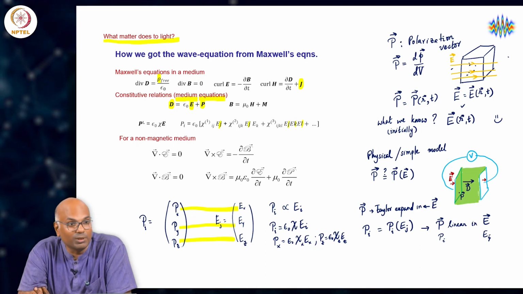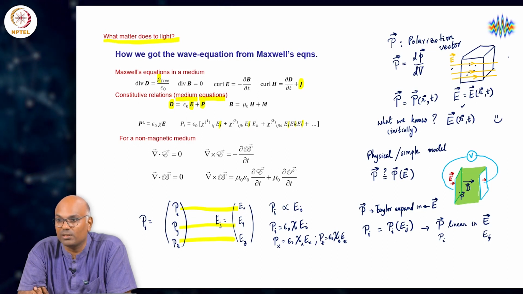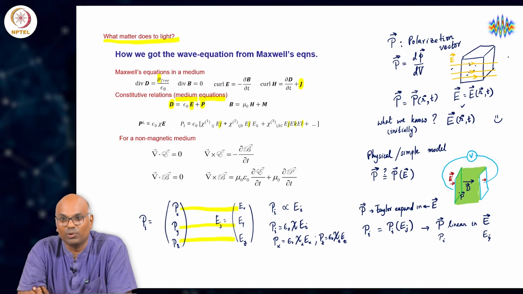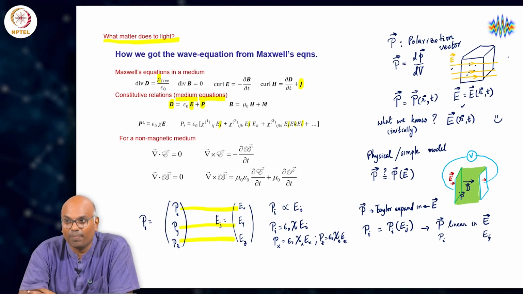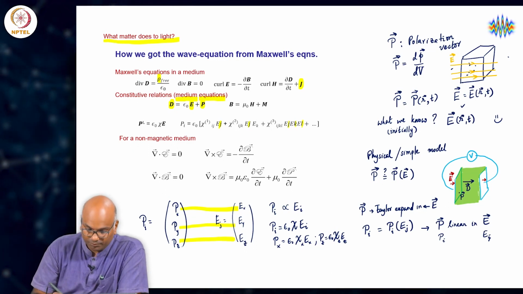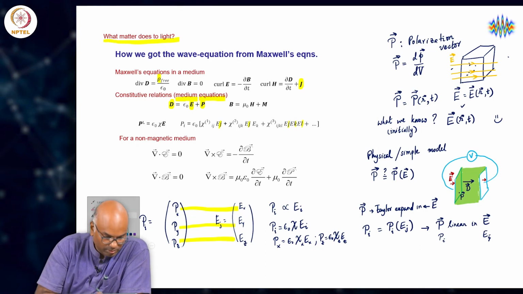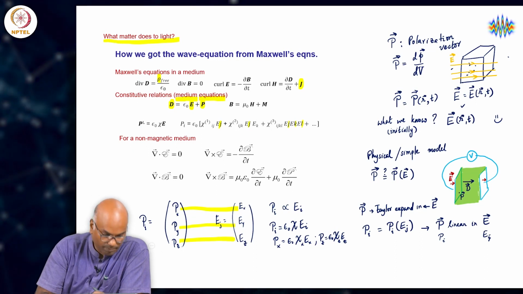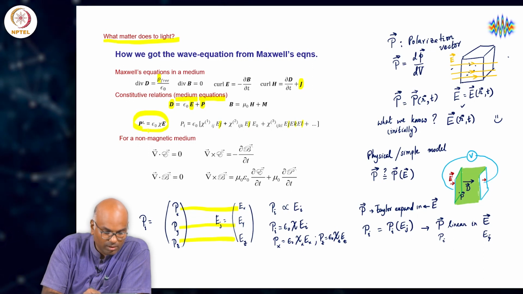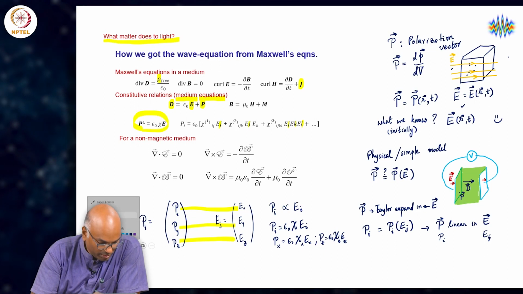This is an assumption, it is not necessarily true. We have no right to insist that it is necessarily true. It is just that I have supposed it so I can write this equation down quite simply. Okay. So, this equation which I have written down here assumes linearity and isotropy.